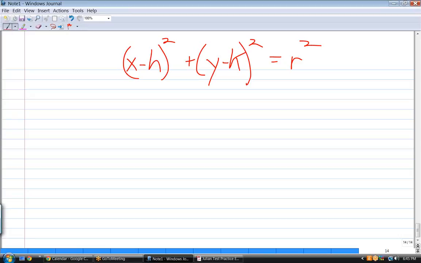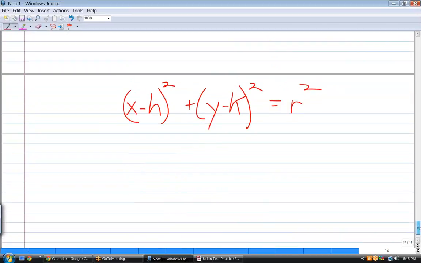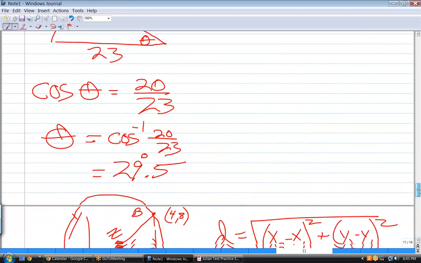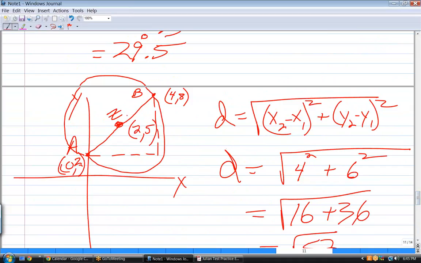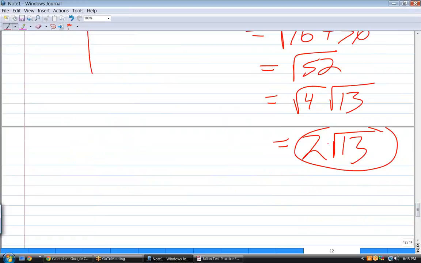So, in our case, we know H, K, and R. Right? We know the center. There's the center. We just figured out the diameter, so we know the radius is half this. What's half of 2 root 13? So I multiply that by half.